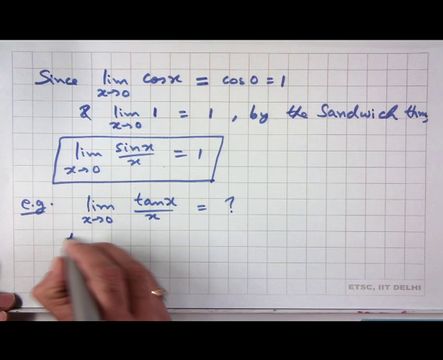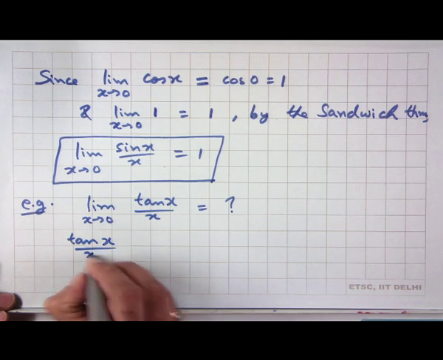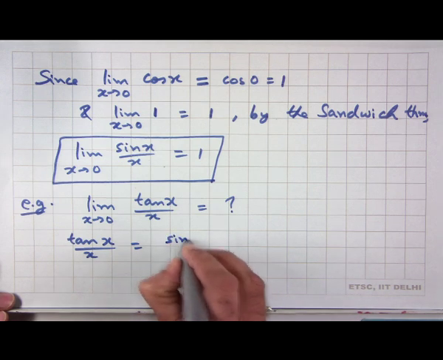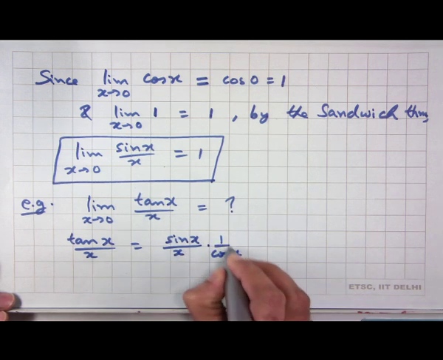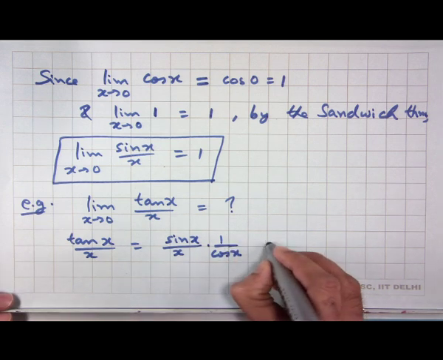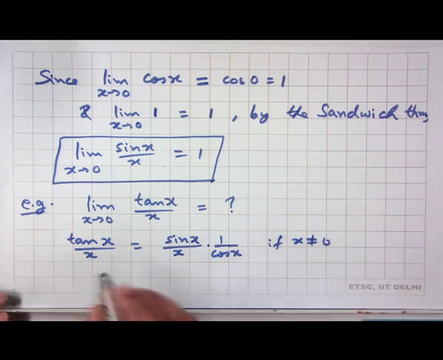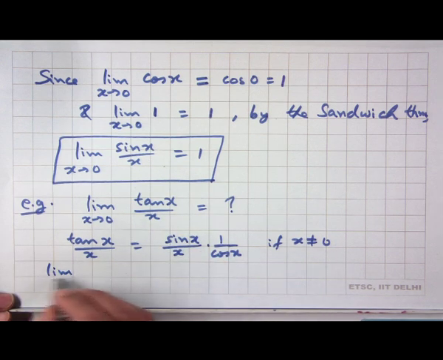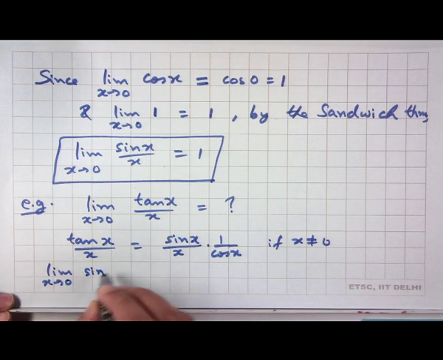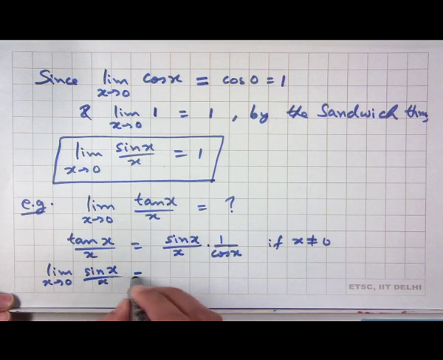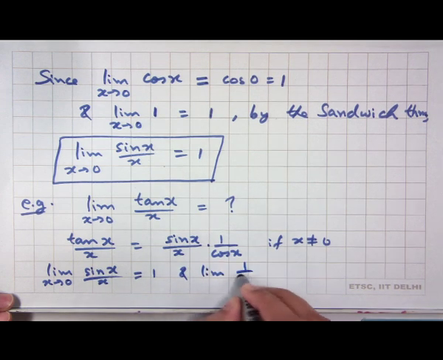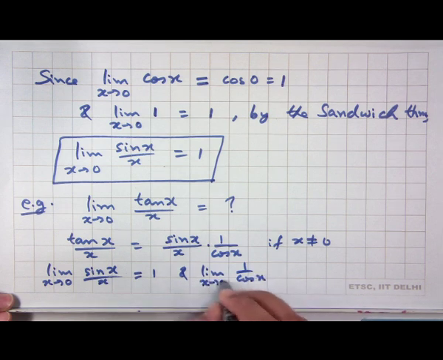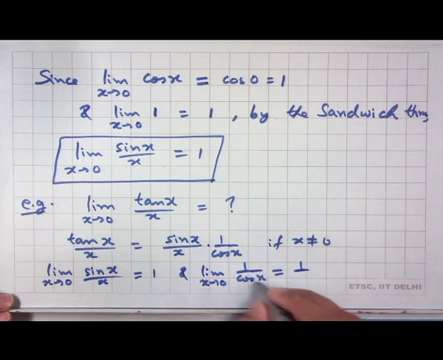So, note that tan x by x is equal to sin x by x times 1 by cos x, if x is not equal to 0, and we know that the limit of sin x by x is equal to 1, and the limit of 1 by cos x is equal to 1 by the limit of cos x, which is 1.